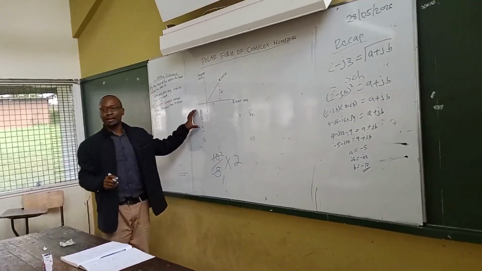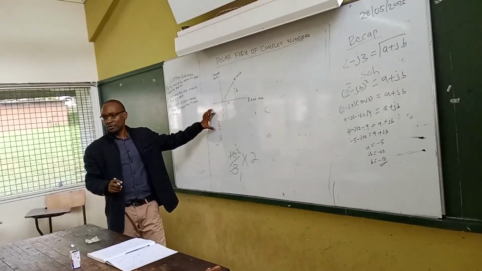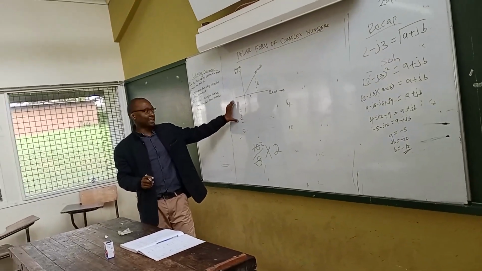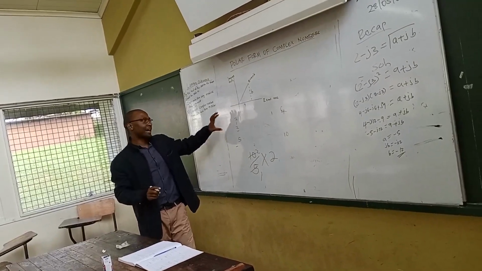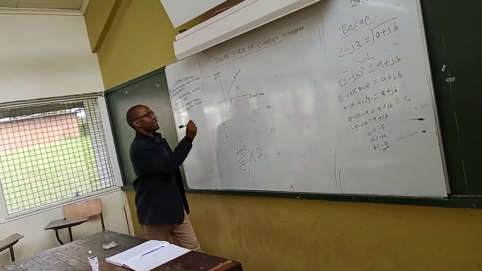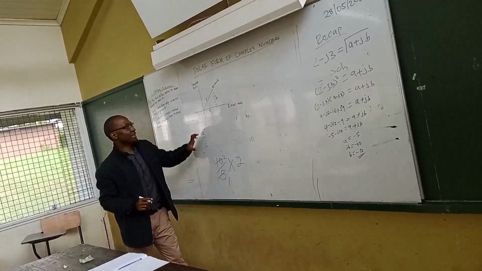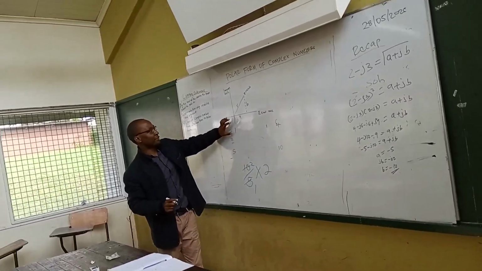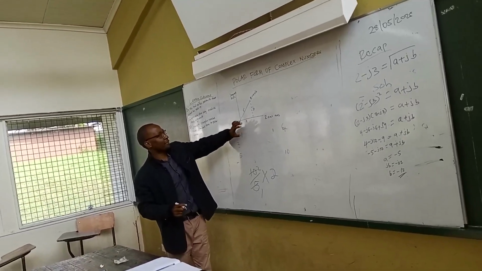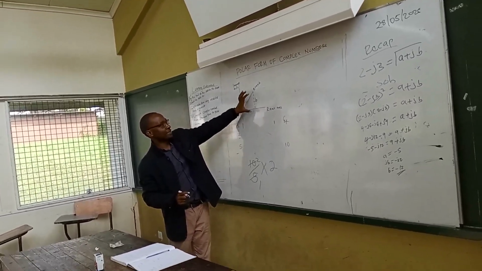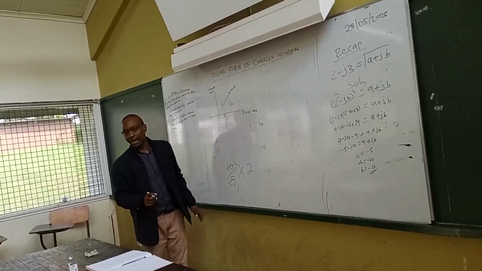This is called an Argand diagram. You remember I told you in our last class, this is an Argand diagram. We have been given the distance from here, it is a, from here, this imaginary part, it is b, and this is r.